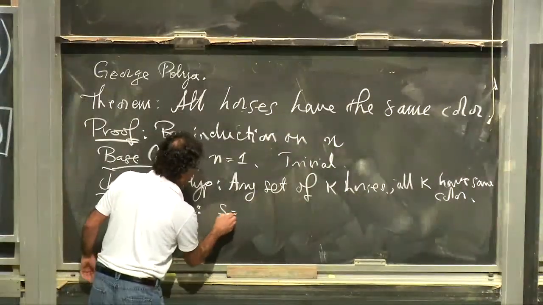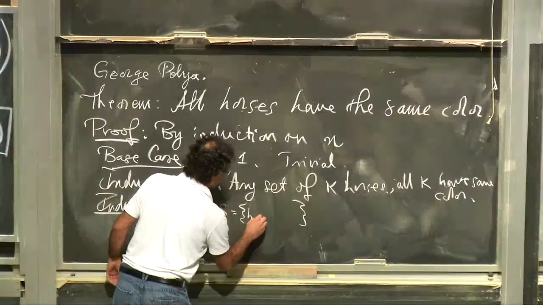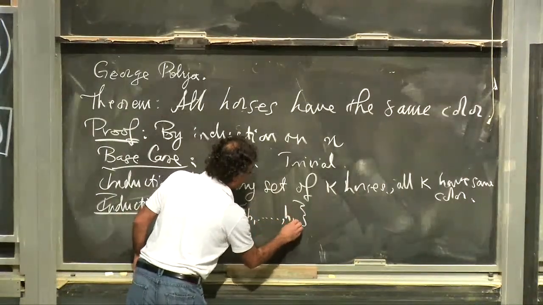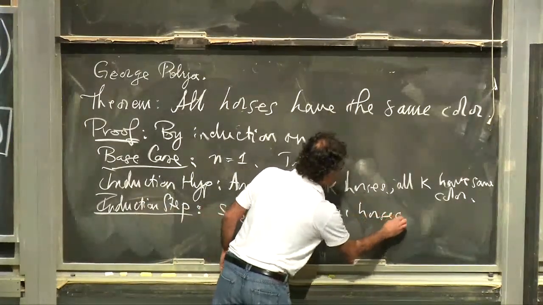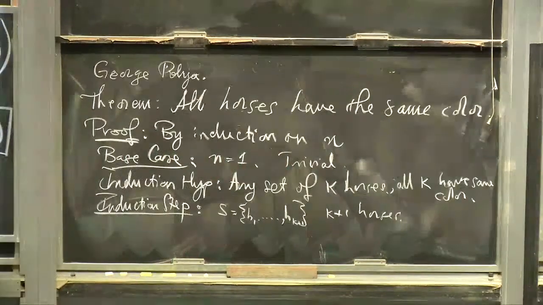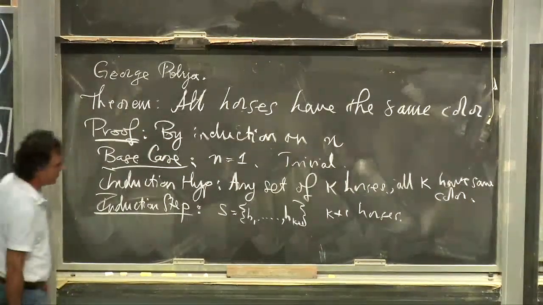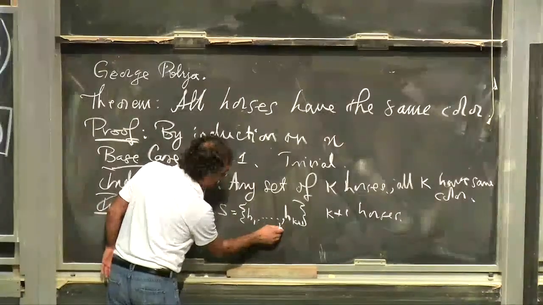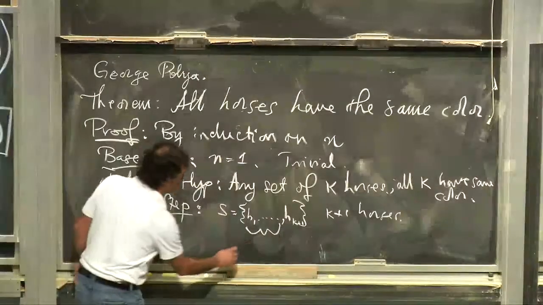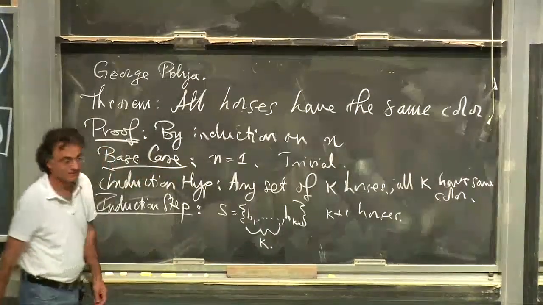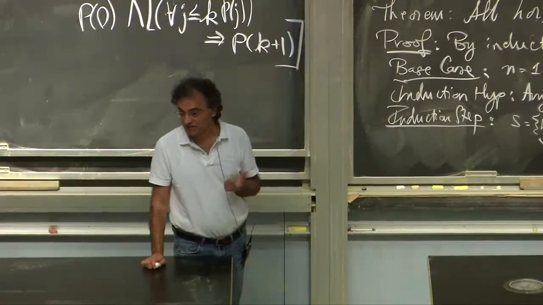So you have a set S of k plus 1 horses. Let's show that they're all the same color. Okay, so what do we do? We look at the first k horses. By the induction hypothesis, they're all the same color.